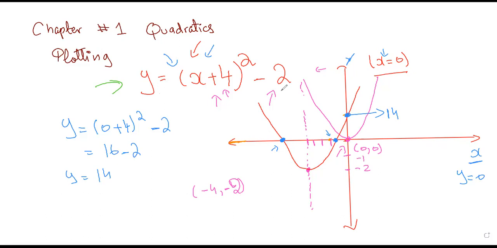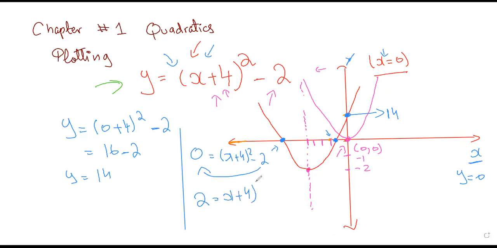So what are we going to get? 0 equals (x plus 4) square minus 2. This minus 2 will go to that side. 2 equals (x plus 4) square. In order to get rid of the square, we will take under root, and this will become plus minus under root 2 equals x plus 4.